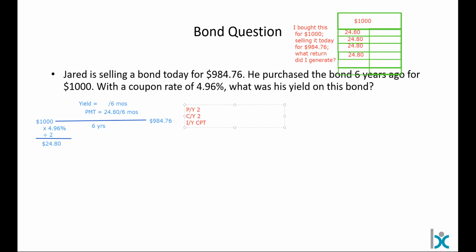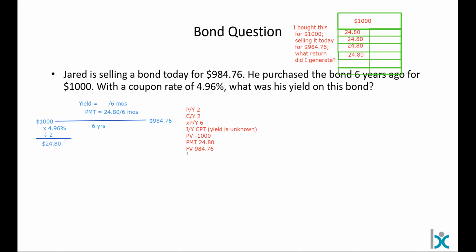IY is what we're trying to compute for in this particular case. We don't know our yield. Present value would have been negative 1,000. Payment would be positive 24.80. That money would have come to me or to Jared that whole time. And future value would have been 984.76. I know I missed my times PY. And that would be 6.